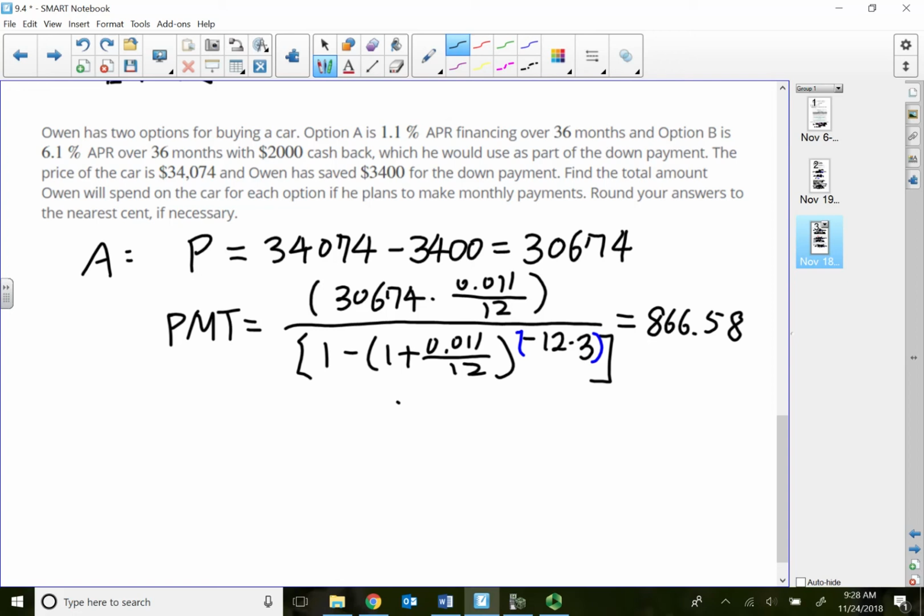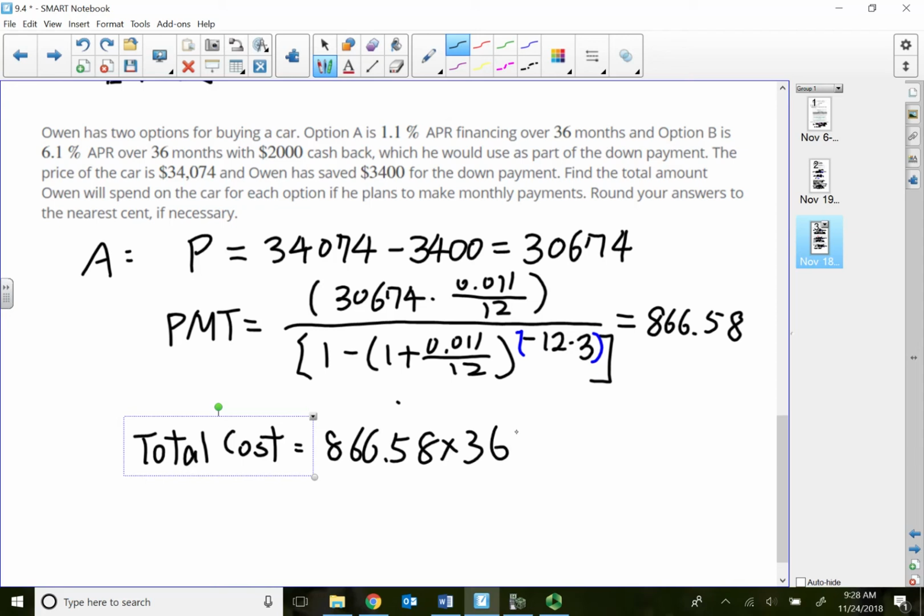So the total cost will be his monthly payment times 36 months. That amount is from the payment, plus he also already put $3,400 down.